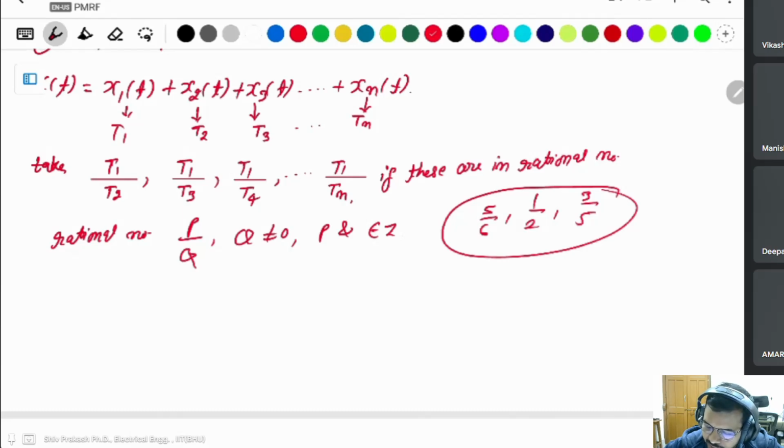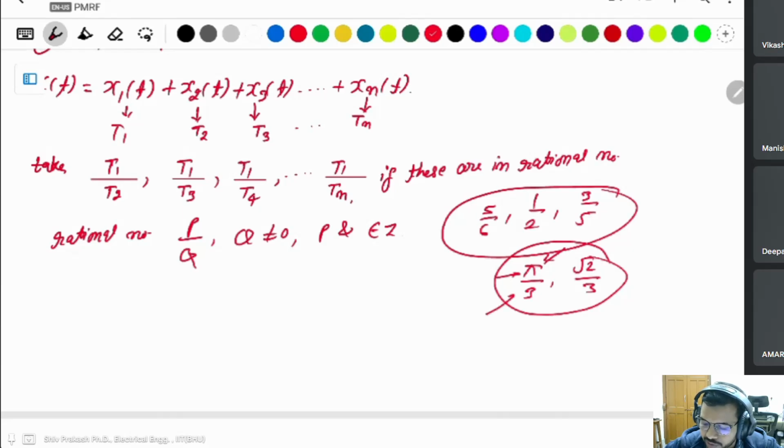But if there is anything like pi by 3 or root 2 by 3, these are irrational numbers. These are not integers. Here q is an integer but p is not an integer, that's why this is not a rational number. These are the rational numbers.